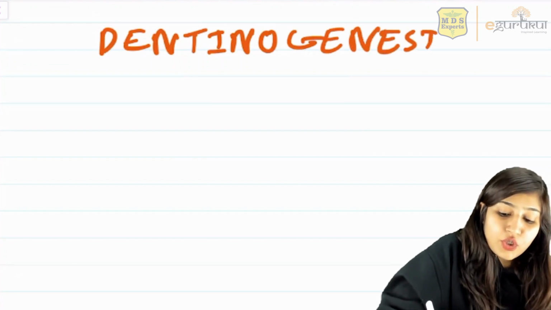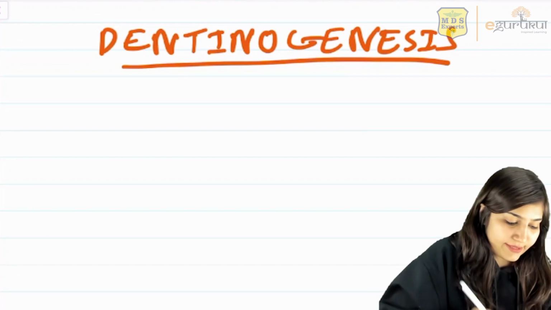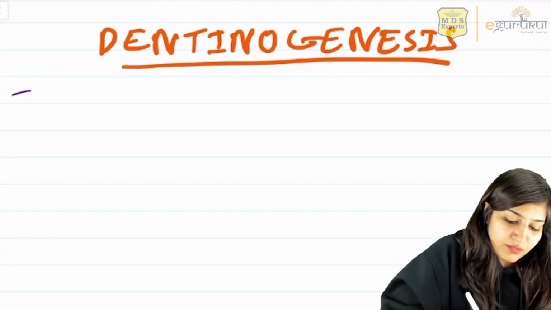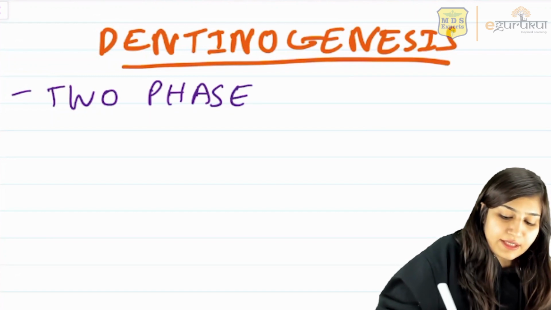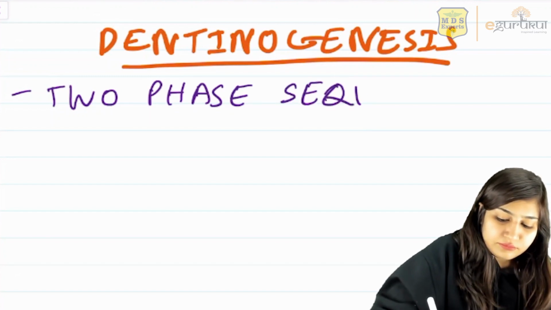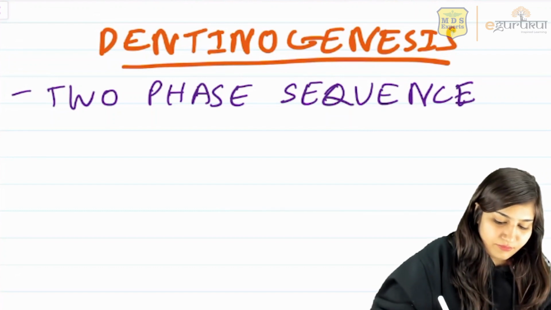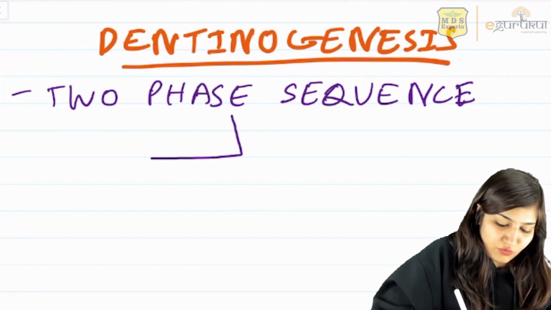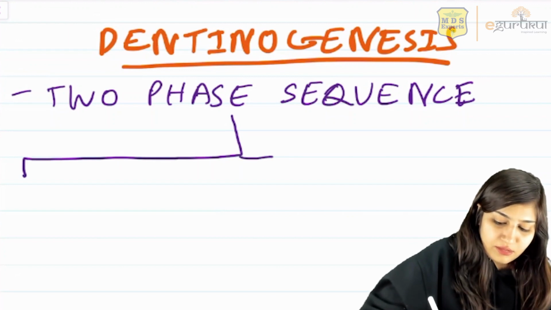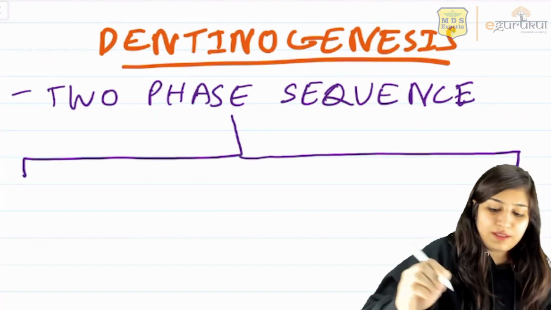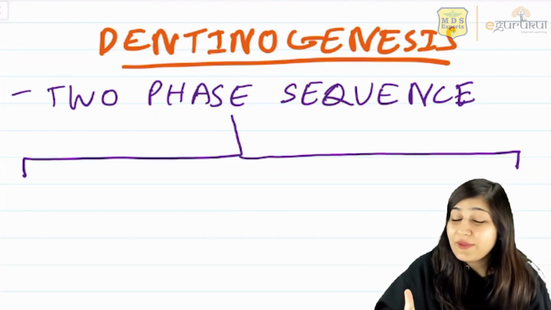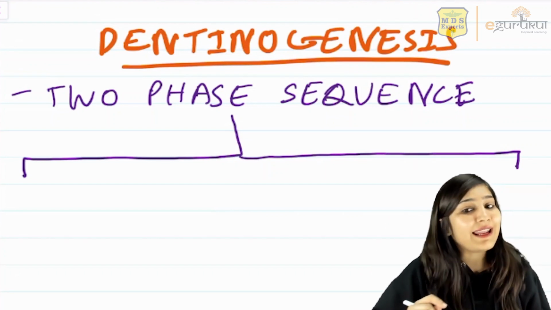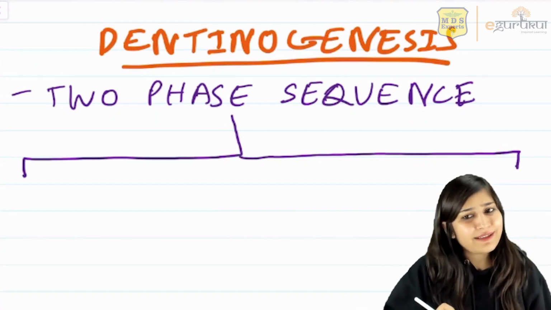It is a two-phase sequence. It involves what? Two-phase means first one will be matrix formation and the other one will be mineralization.